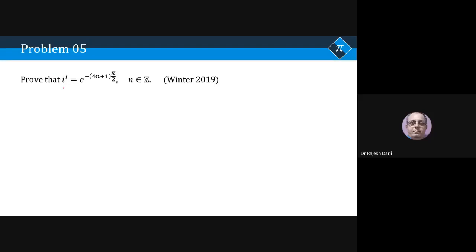Problem number 5. It was already asked in the 2019 GTU question paper.